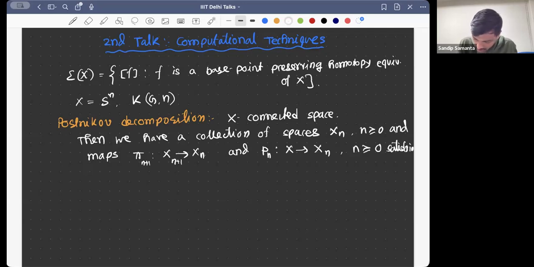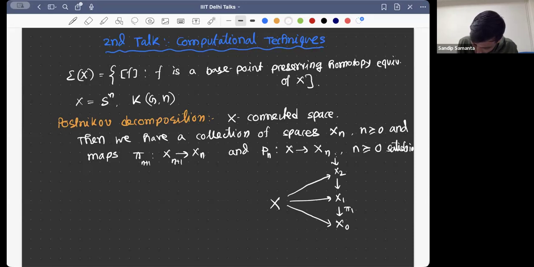Diagrammatically we have this: X is starting here, then you have maps to X_1, to X_2 and so on.